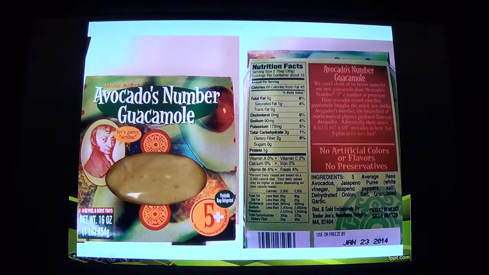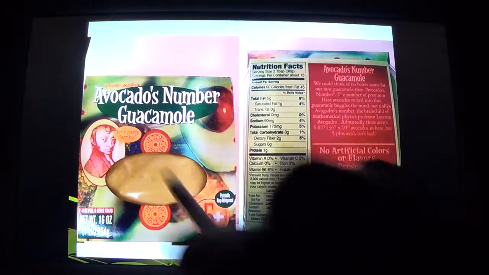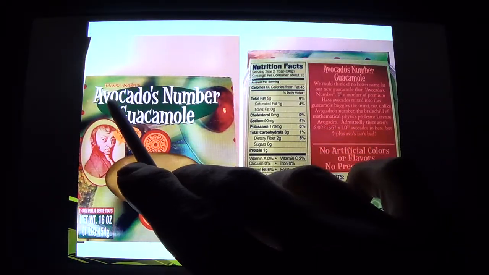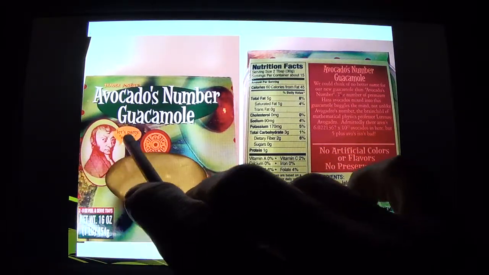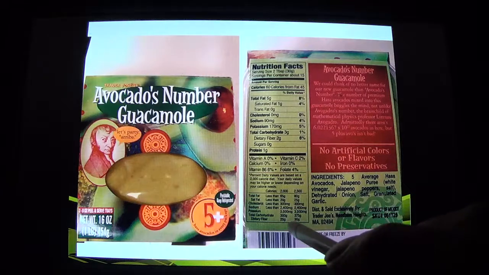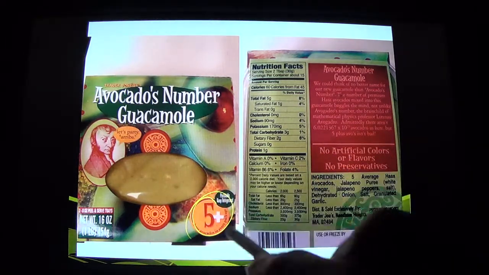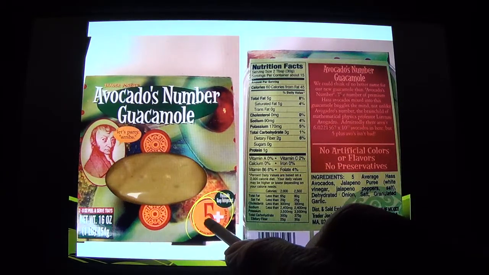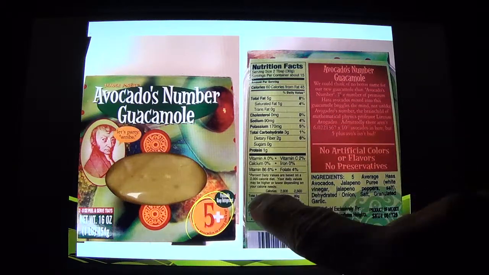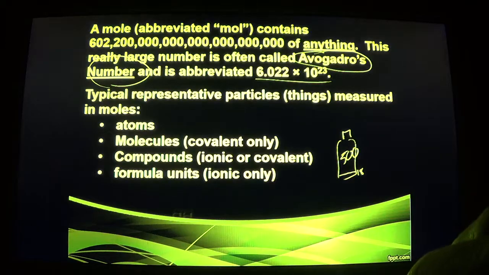Now, a former student sent me this picture from a product he saw in a store. It's called Avocado's number guacamole. So not Avogadro's number, it's Avocado's number guacamole. And there's Avogadro saying let's party, arriba. And so notice their claim. They have in their package of guacamole over 5 avocados, which clearly is the same as that. Well, no, it's clearly not the same as that big number.